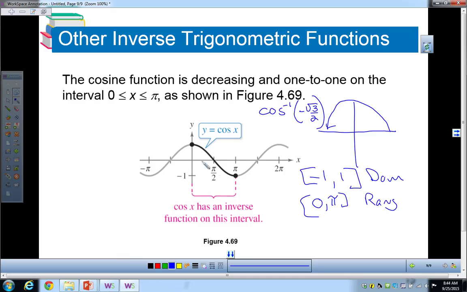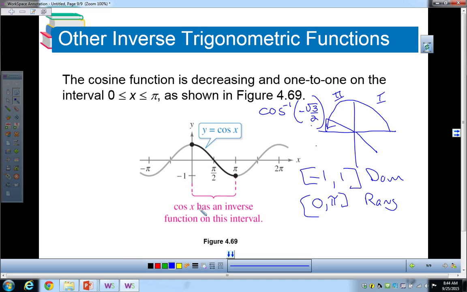But for inverse cosine, you don't go this way. It'd be positive here. Cosine's negative here, right? And it's negative here, right? So it would be at 5 pi over 6. It'd be over here because you only look in the first quadrant and the second quadrant.